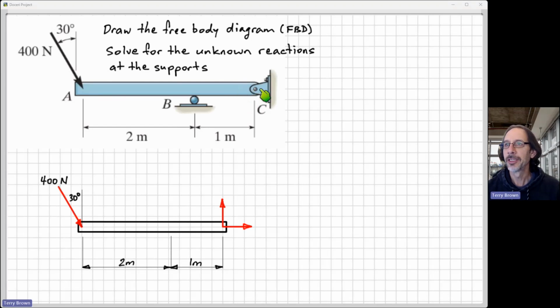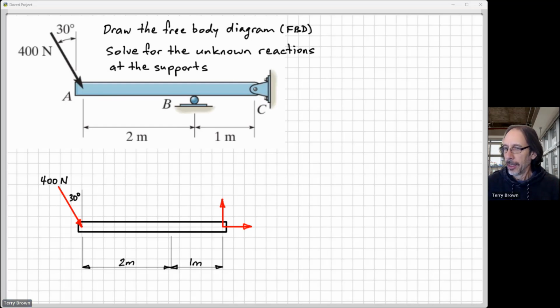So we can't translate the body at this point. It can rotate. If I take my pen here at point C where I'm holding it, the pen or pencil is free to rotate. So there's no moment reaction there, but I can't pull it in the horizontal direction and I can't move it up in the vertical direction. So that means there must be force reactions there.